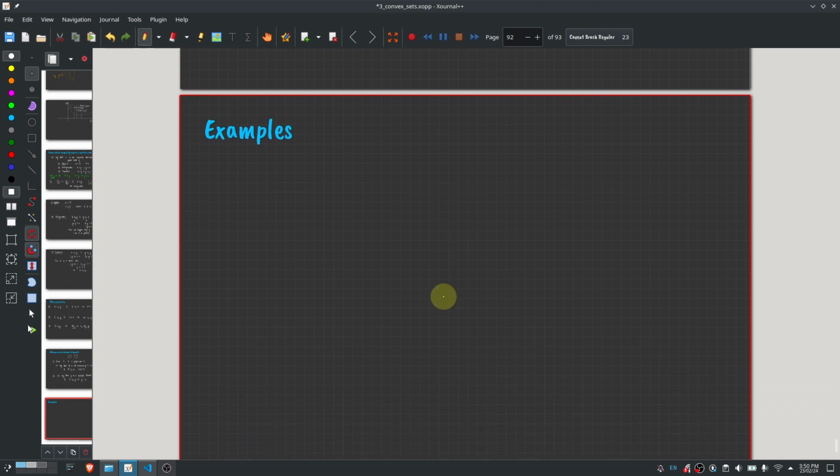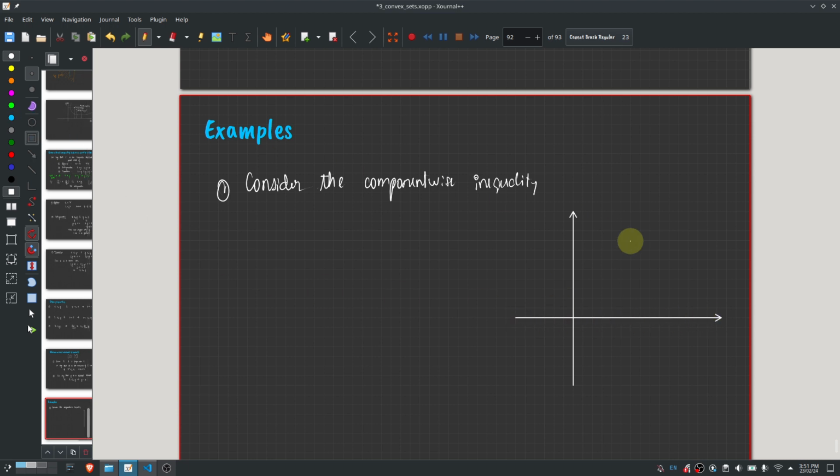Okay. So let's consider the component-wise inequality in R2, and let's just take some particular set. Maybe I just choose some rectangular region. This is my set.